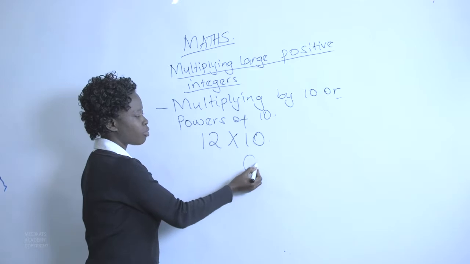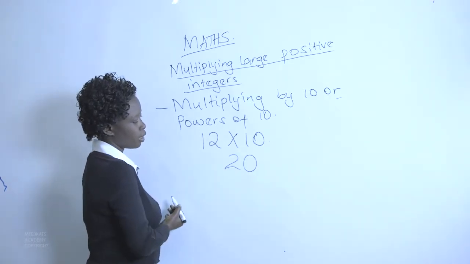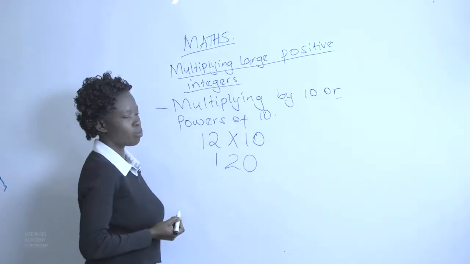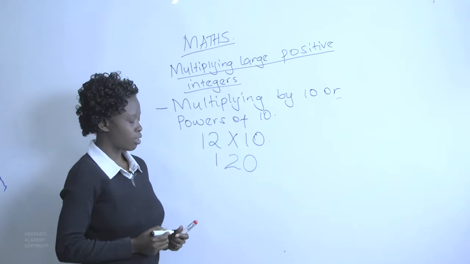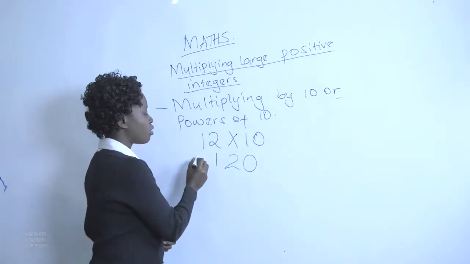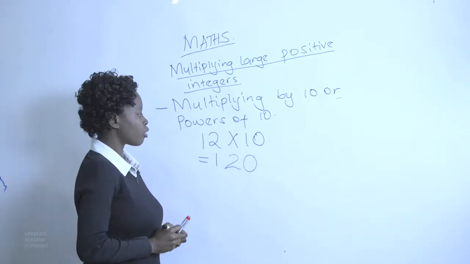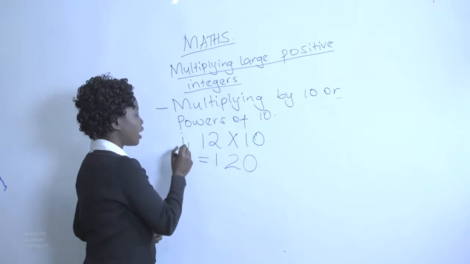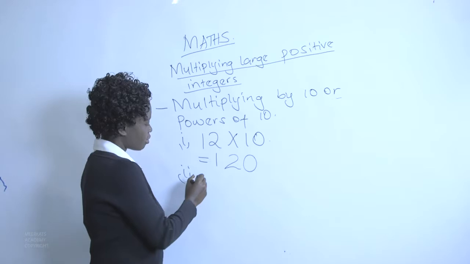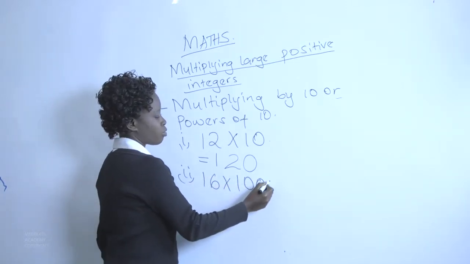Then 2 moves 1 step into the tens place value, and 1 moves to the 100s place value. So 12 multiplied by 10 gives us 120.